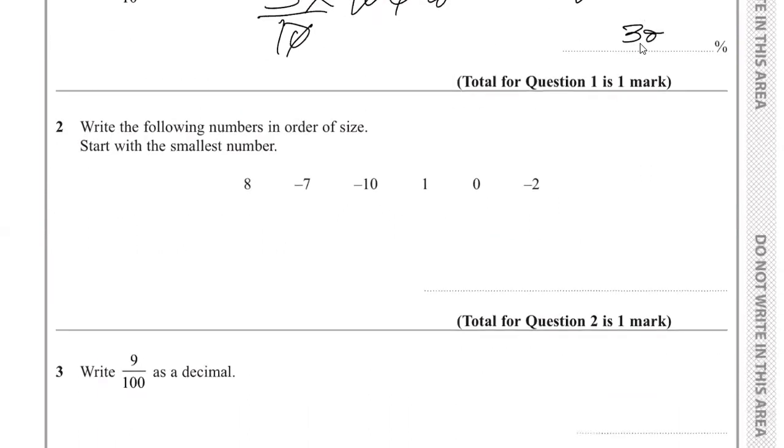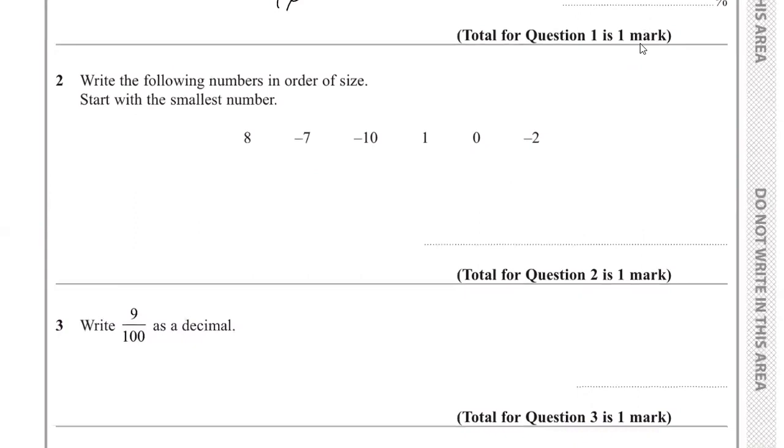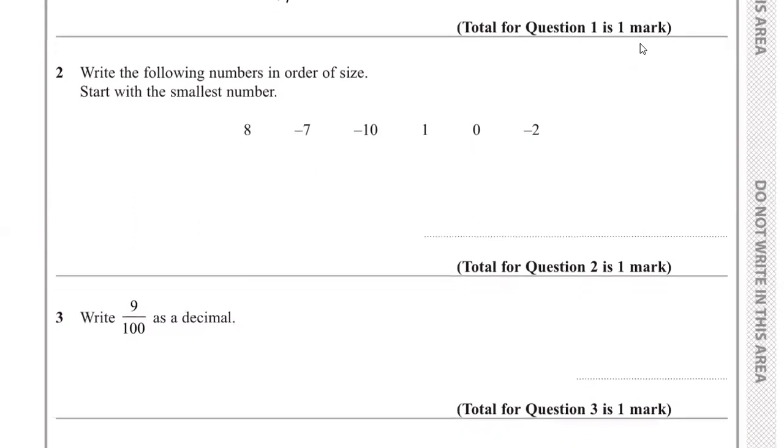Question 2 says, write the following numbers in order of size, and we must start with the smallest number. So we have negative 10, negative 7, negative 2. The negatives mean less than zero, so we start off with negative 10.